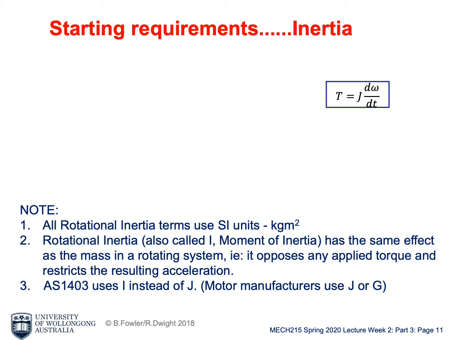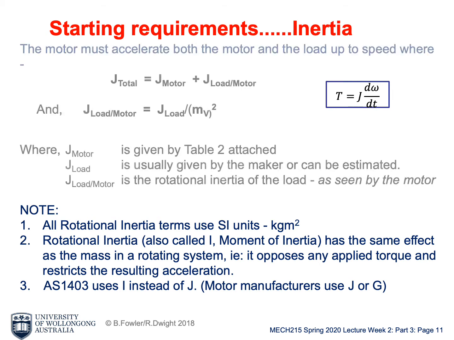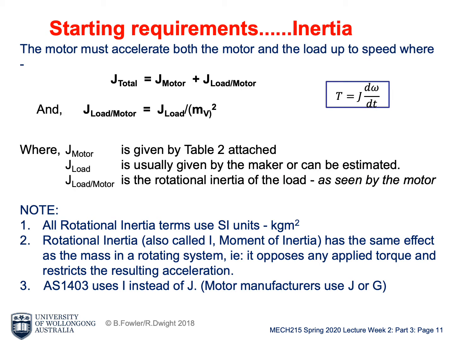So equivalently, you can limit the J or limit the T to limit our starting situation. J is the moment of inertia. In some other systems, we use I to represent moment of inertia. Sometimes people use G, just different ways of using symbols. In our case, J is the total moment of inertia seen by the motor. Now remember, we're looking from the motor point of view.